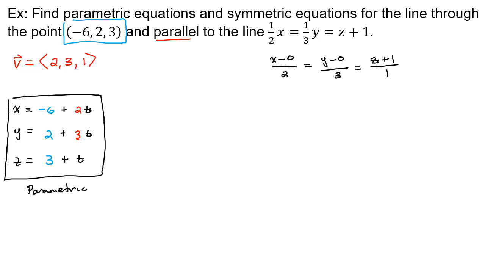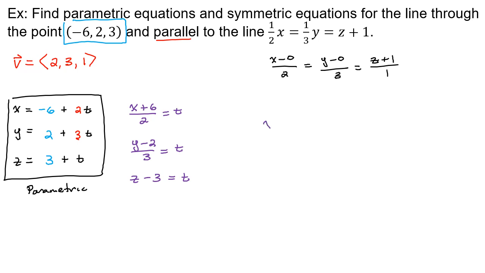Then if I solve those for t, I could write them symmetrically like the original equations were given to me. The first one, I would have x plus 6 divided by 2. The next one, if you move the 2 over and divide by 3, you would end up with that. And you subtract the 3, and you would divide by 1, but there's not really a 1 there to divide by.